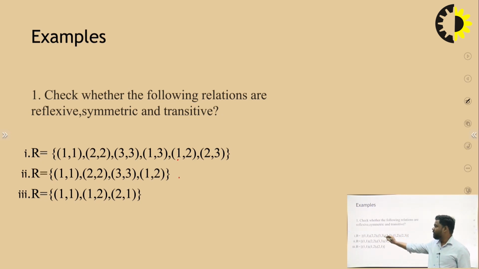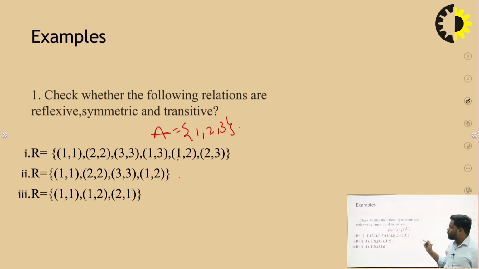Our relation is given as (1, 1), (2, 2), (3, 3), (1, 3), (1, 2), (2, 3). The set A is {1, 2, 3}. I forgot to put it over here, but the relation is given on 1, 2, 3. So we are checking whether R is reflexive, symmetric or transitive or not.